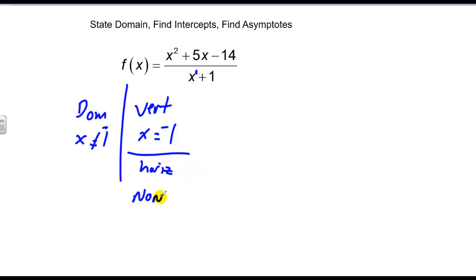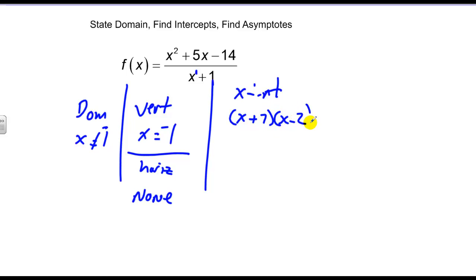There's none. X-intercept, factor, I get negative 7 and 2. And then the y-intercept, basically we're just going to set that equal to 0 and I get negative 14.